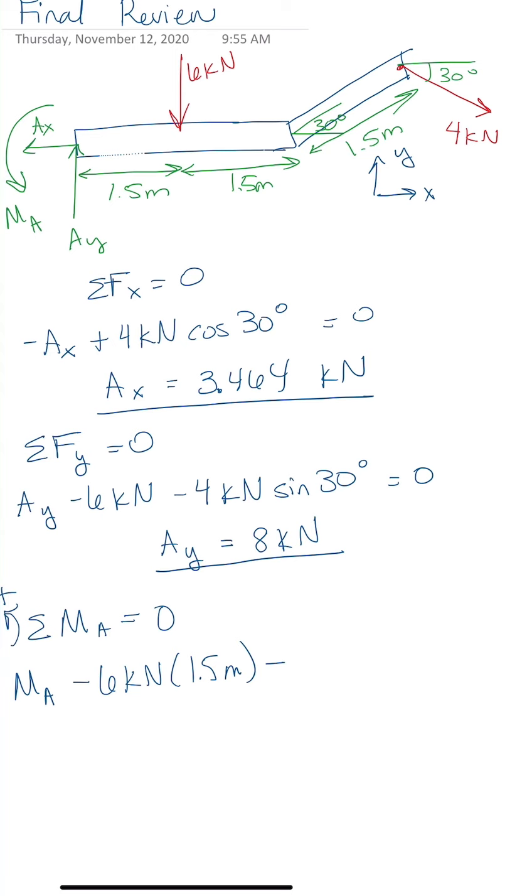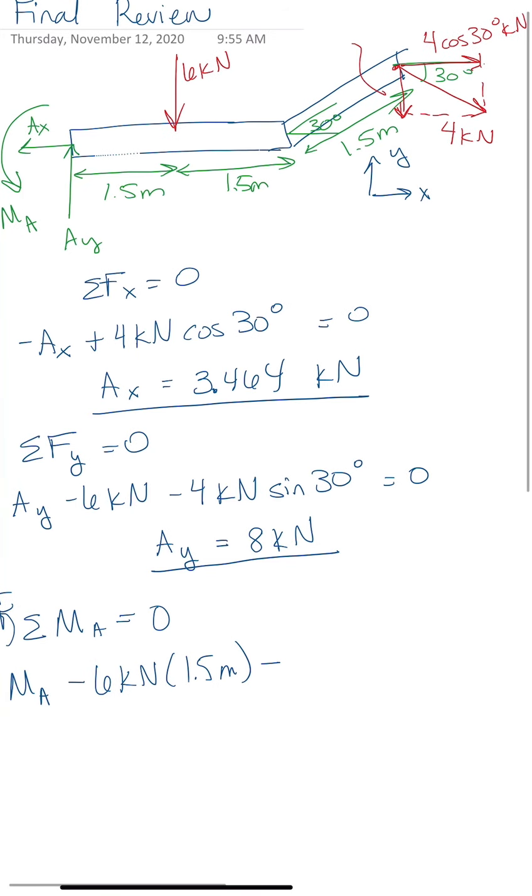Minus, and then I'm just going to break this 4 kilonewton force down into its 2 component forces, just like we did for that earlier problem. So the x component is going to be 4 cosine of 30 degrees kilonewtons, and then the y component is 4 sine 30 degrees kilonewtons.